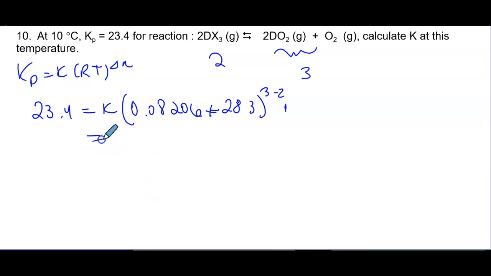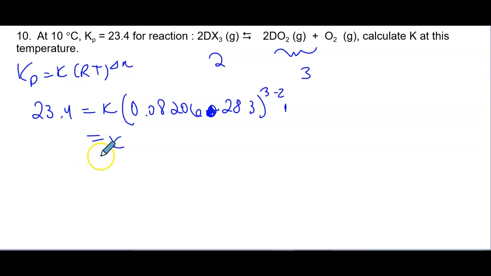All right, so here's how I would suggest that you go through this math. I would suggest that you take 0.08206. This is multiplication, not plus. Times 283. And then raise that to the first power.